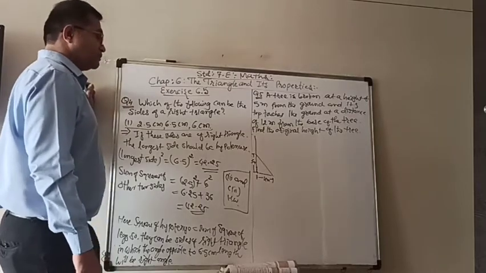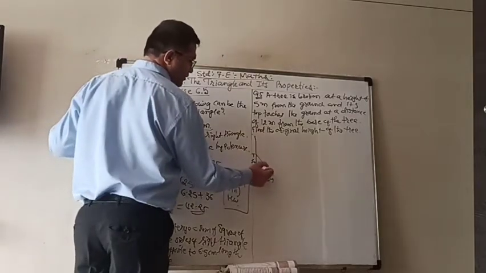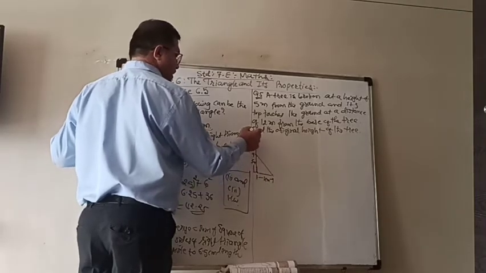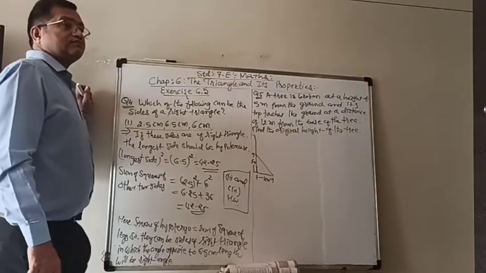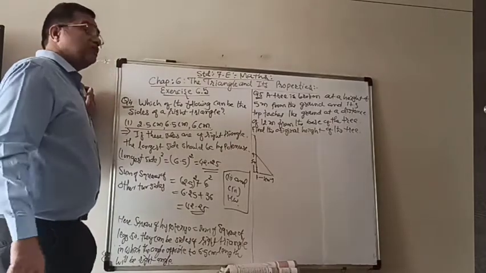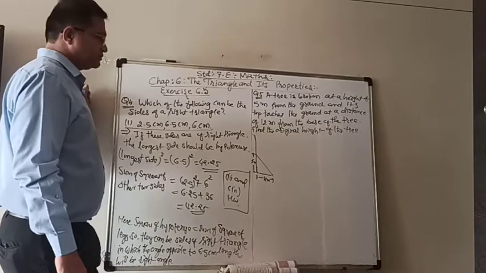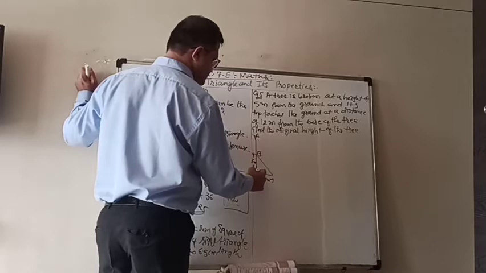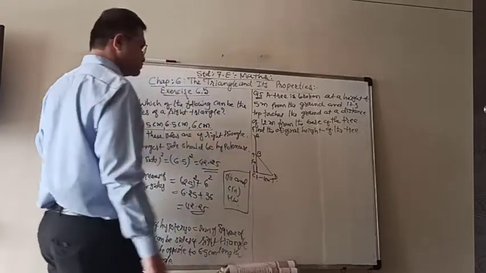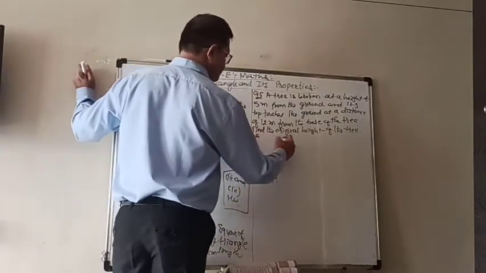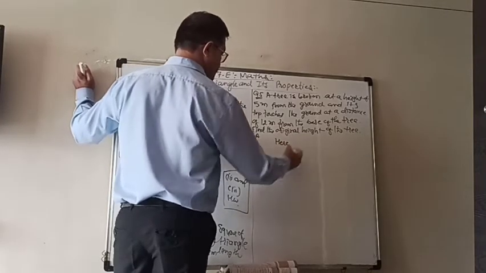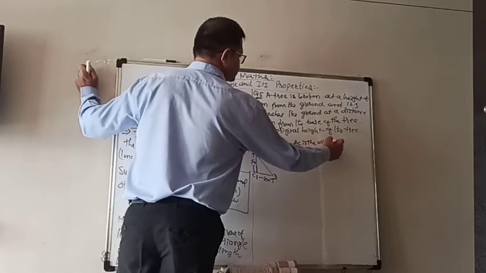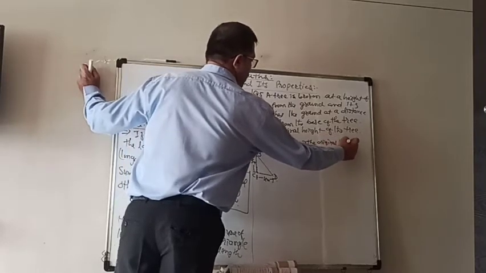So what do we have to do here? We have to find the hypotenuse, and then add the 5 meters to it so that we get the original height of the tree. Let's give the names A, B, C and D. So here AC is the original height of the tree.